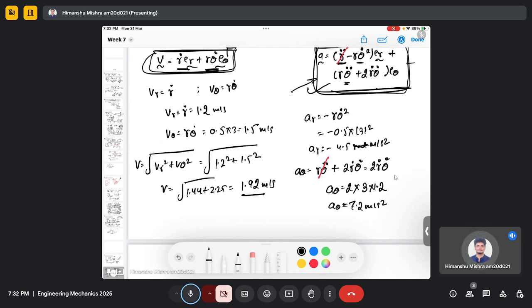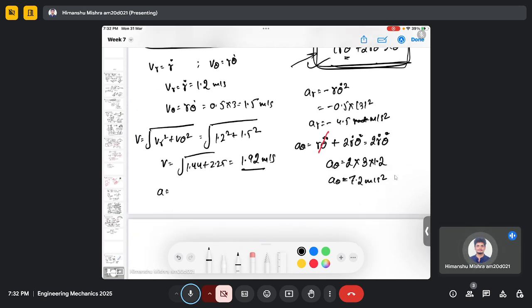So this is my magnitude of velocity, and for acceleration it is minus 4.5 plus 7.2. So the acceleration magnitude is 8.5 meters per second squared.